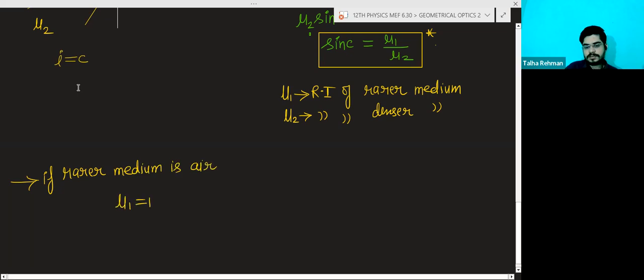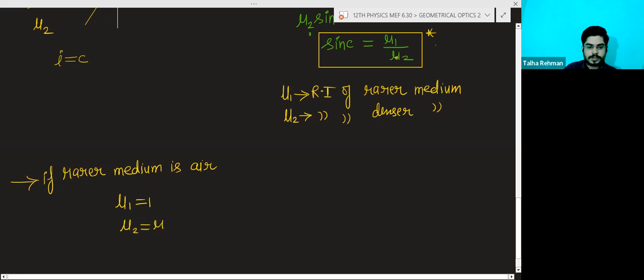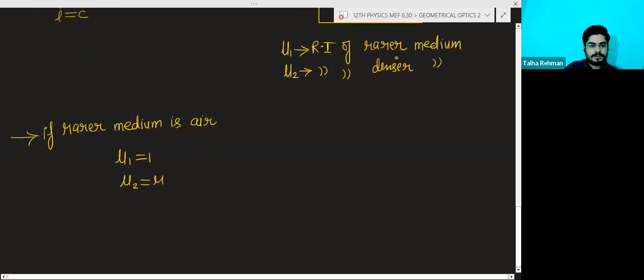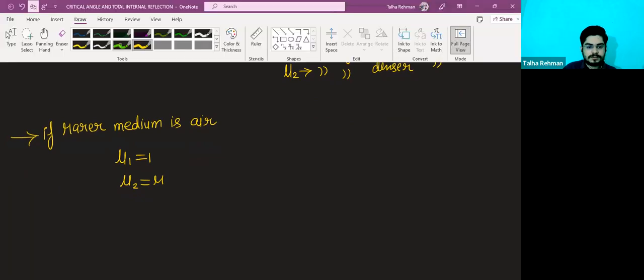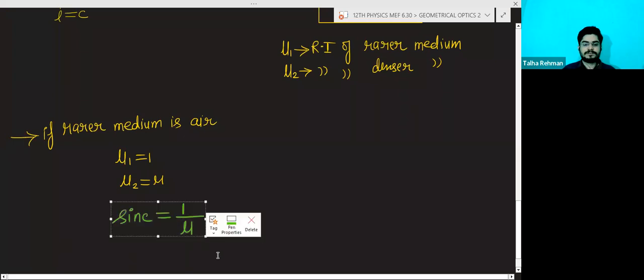Then from this equation you can write sin C is equal to 1 upon mu2, and mu2 is equal to mu, means the refractive index of the other medium is given as mu. So you can write sin C is equal to 1 upon refractive index, and most of the time you will see this.